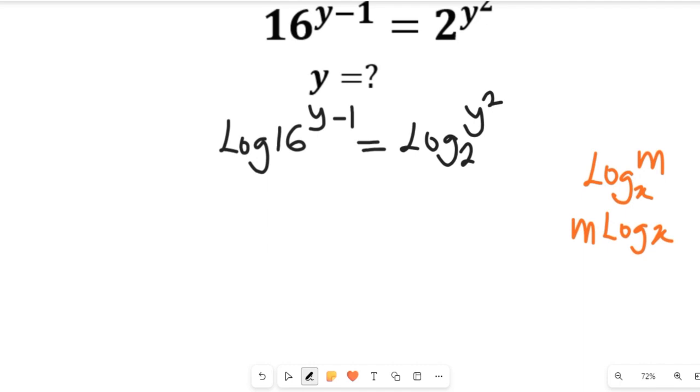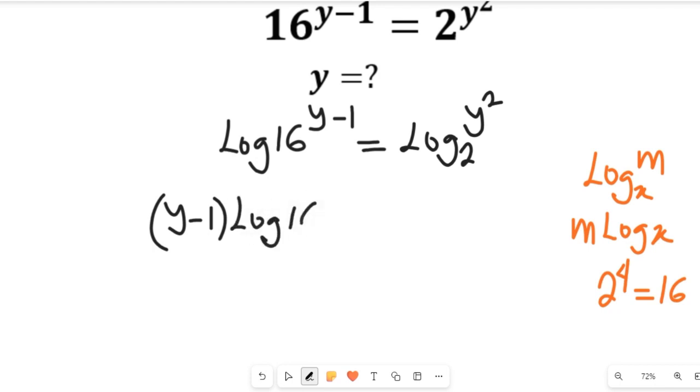Now, I want you to also note that 2 to the power of 4 is equal to 16. So we are going to simplify these expressions. Applying that law of logarithm, we'll have y minus 1 multiplied by the log of 16 equal to y squared multiplied by the log of 2, right? Good.